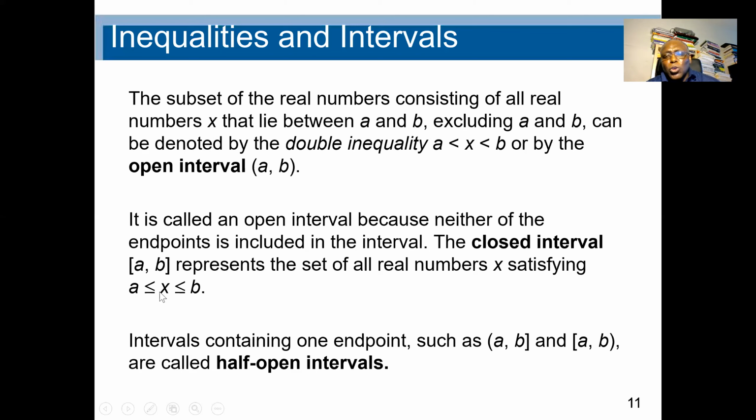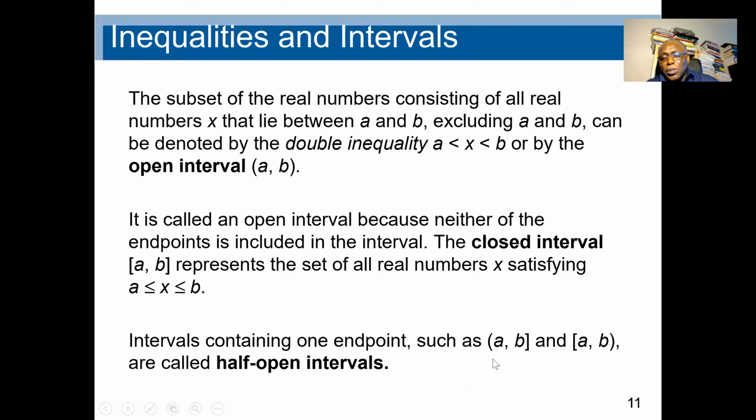This is called a closed interval. If we have 2 here and 5 here, it means x is greater than or equal to 2 or less than or equal to b. An open interval means it cannot be 2, but it can be close to 2. It cannot be a, but close to a.